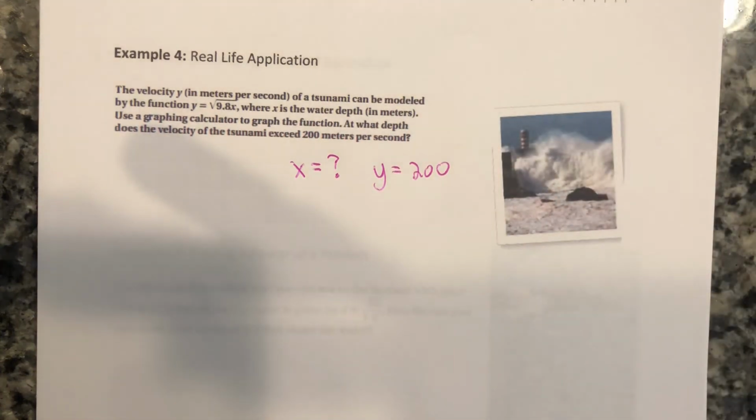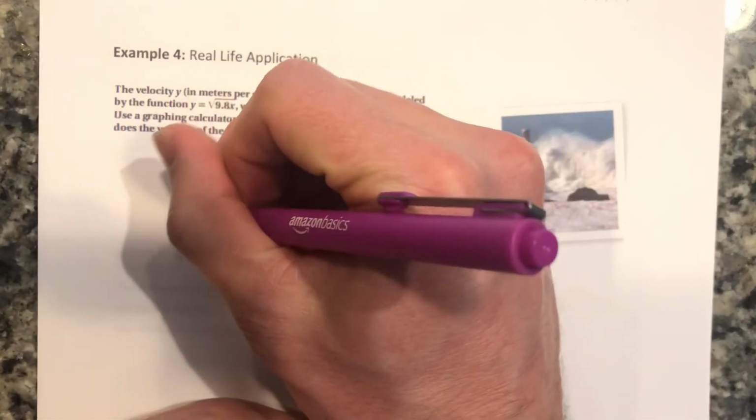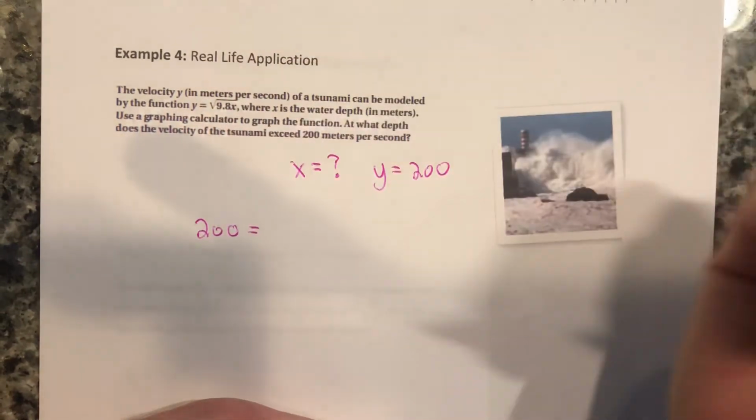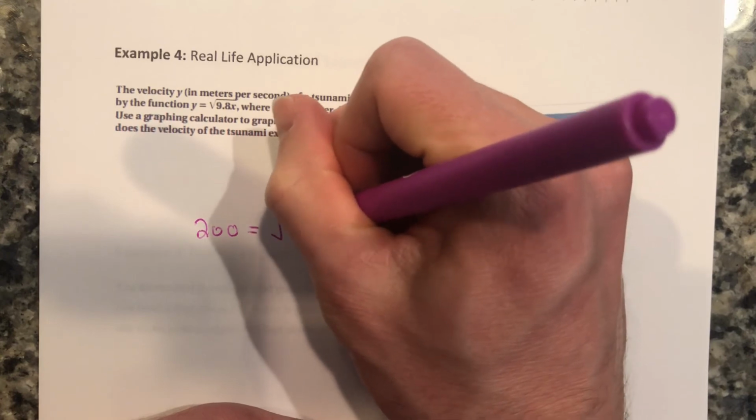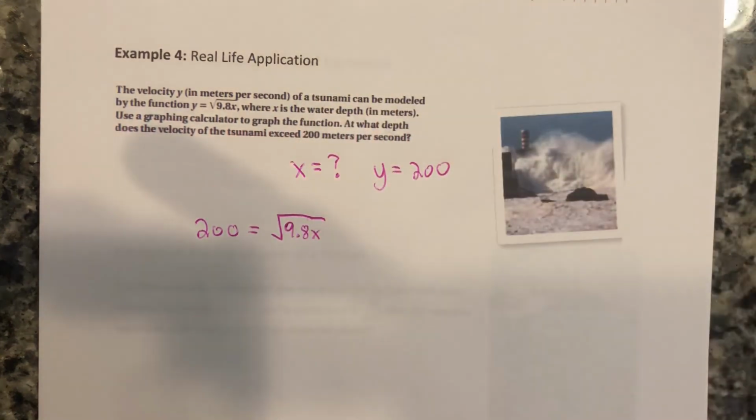So we could use a graphing calculator for this. We could also look into using some algebra. So let's look into this. Let's take our y value and substitute it in for y, and keep this at 9.8x. So we can solve this.